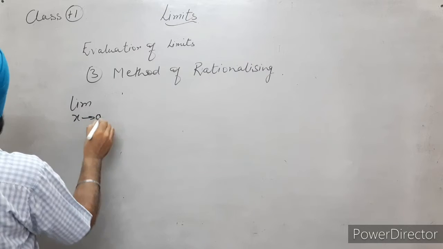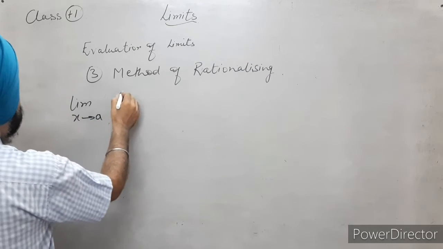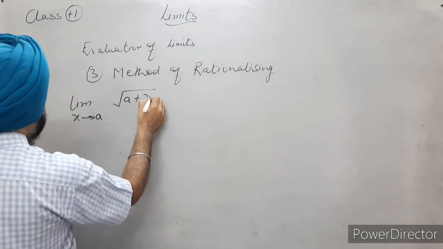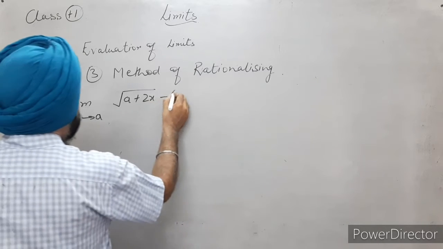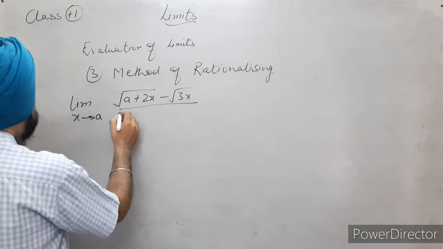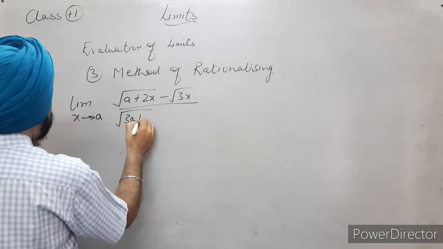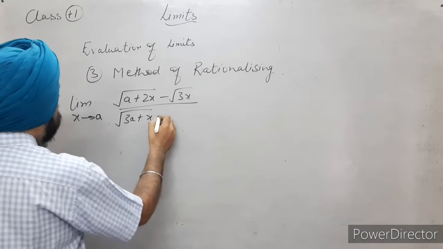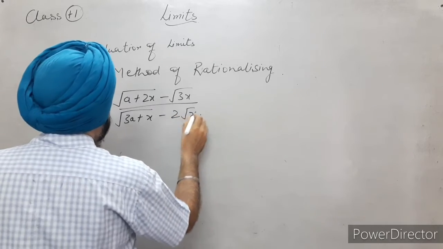Limit x approaches a of (under root of a plus 2x minus under root 3x) divided by (under root of 3a plus x minus 2 under root x).